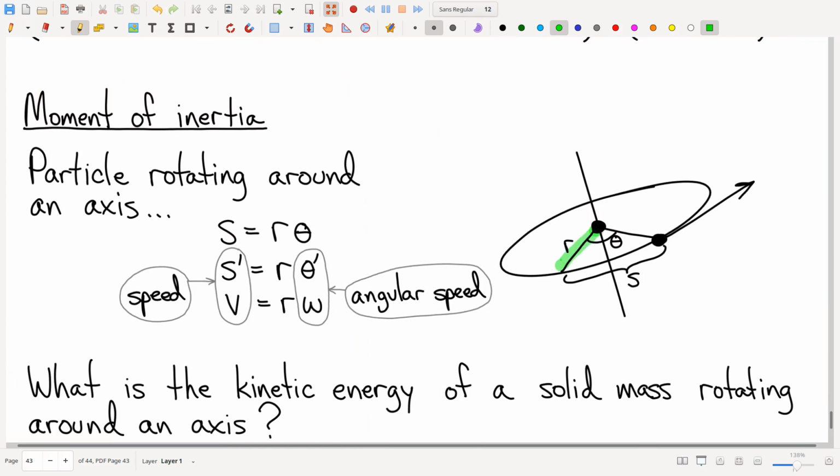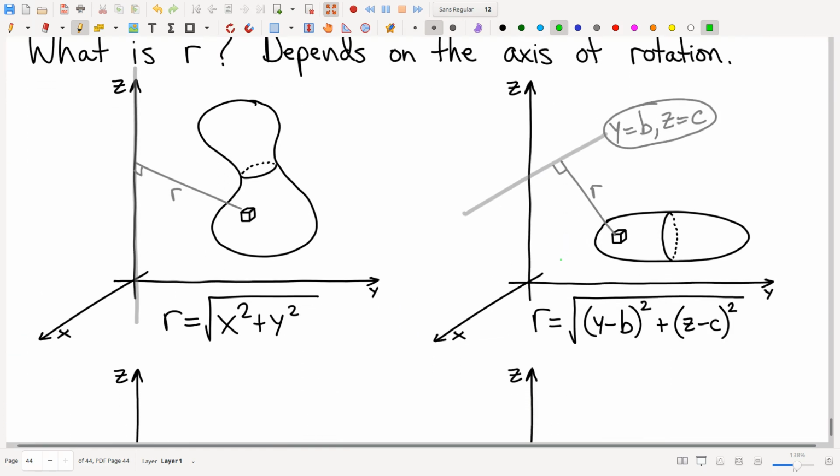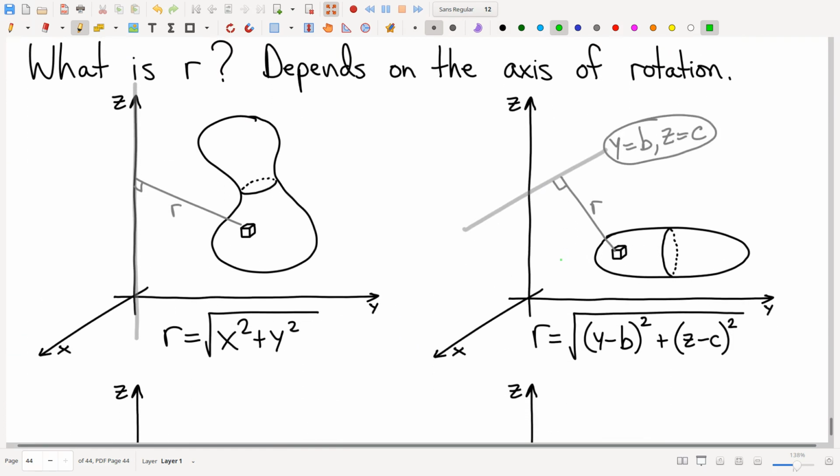r, as I have it set up here, is not distance to the z-axis. It's distance to whatever axis you're rotating around. And sometimes the thing that's rotating happens to be rotating around the z-axis. Sometimes, right? But very often it's not. So you have to keep that in mind and apply this interpretation to your circumstance.